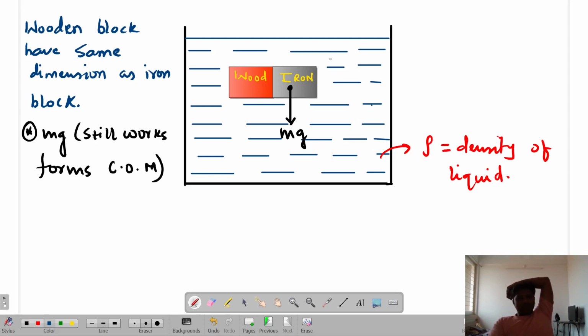But although I have written the total mg, the total buoyancy force will appear only at one point, isn't it?